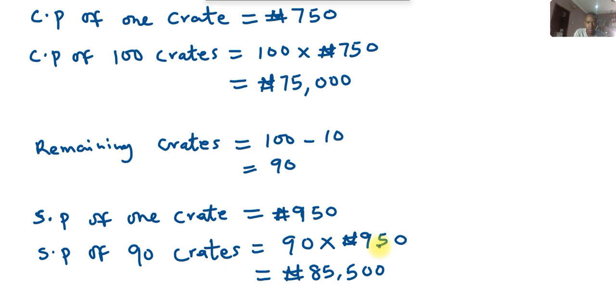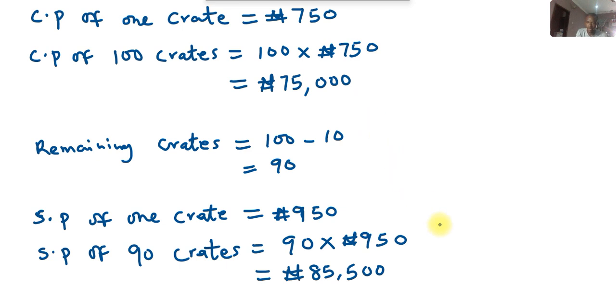Okay, so obviously if you compare the cost price and the selling price, the selling price is 85,500, cost price is 75,000 naira. You will realize that the selling price is still more than the cost price.